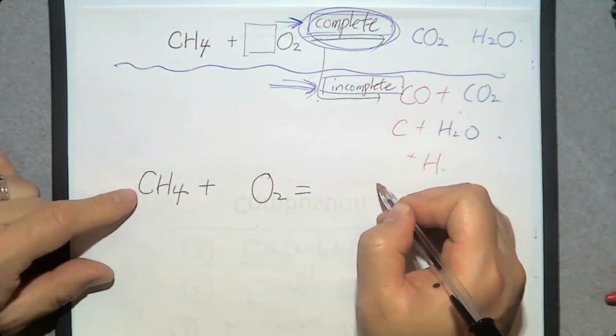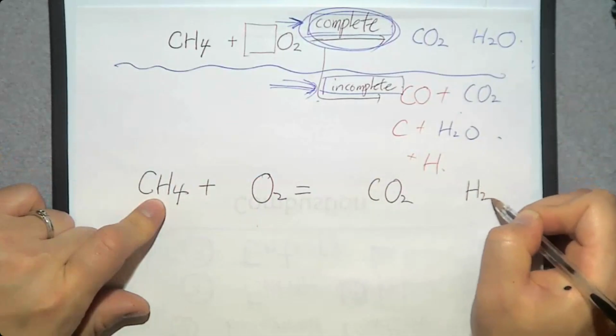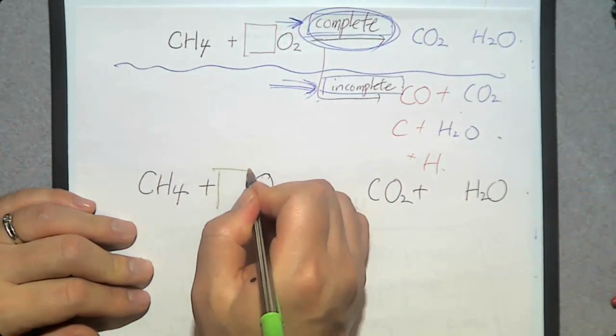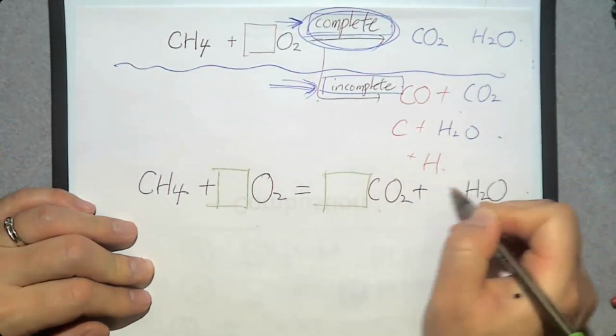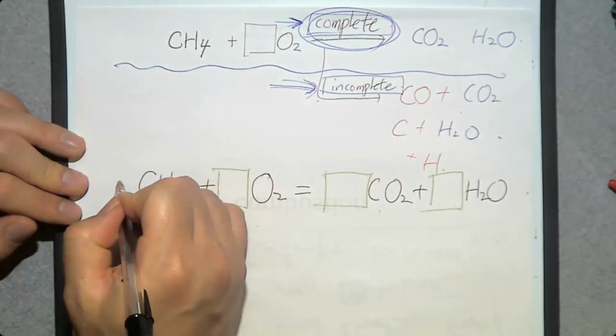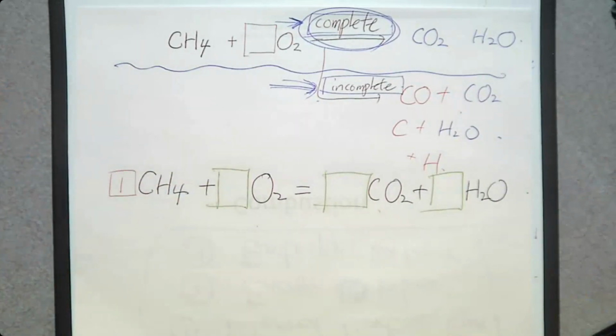And we know C becomes carbon dioxide, and H becomes water. So we need to determine how many moles of each component is required to have a complete reaction with 1 kilomole of methane. When you see there's no number in front, you can assume that it is 1 kilomole.